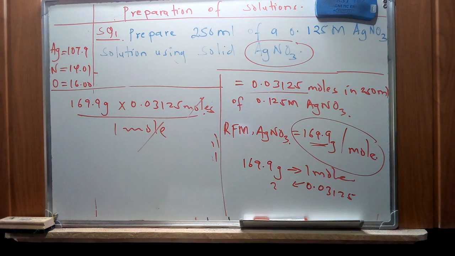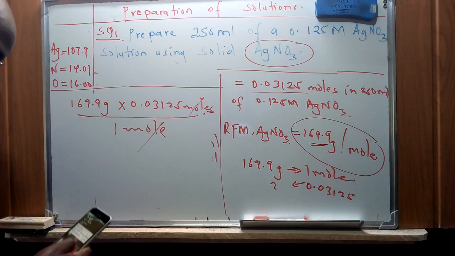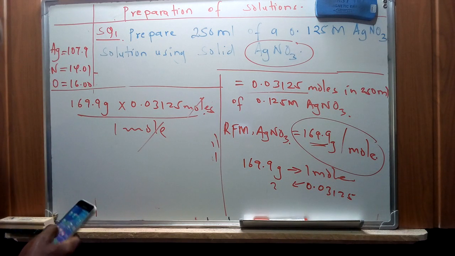We can just assume those units, although I cancelled them in order to find the final units of the product from that calculation. So in this case, I'm going to do a calculation for that: 169.9 times 0.03125.